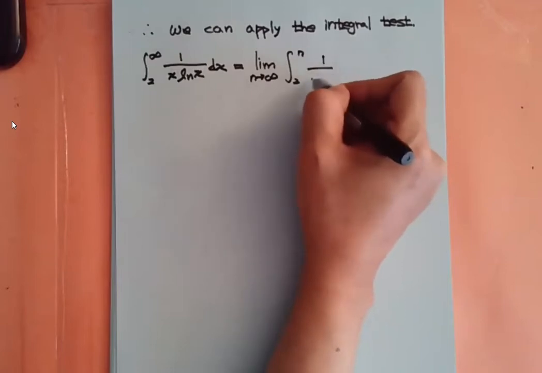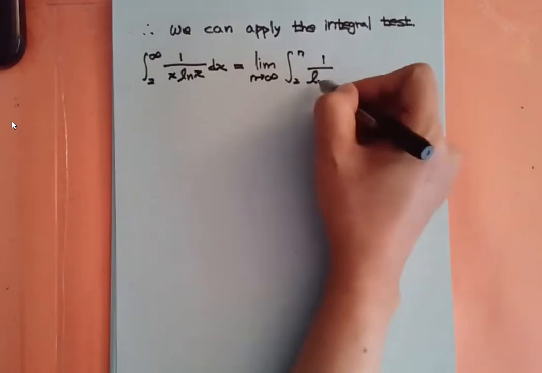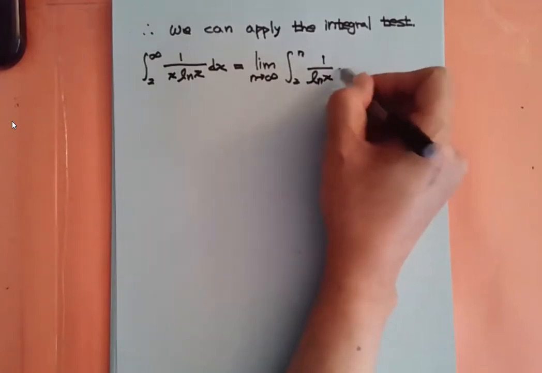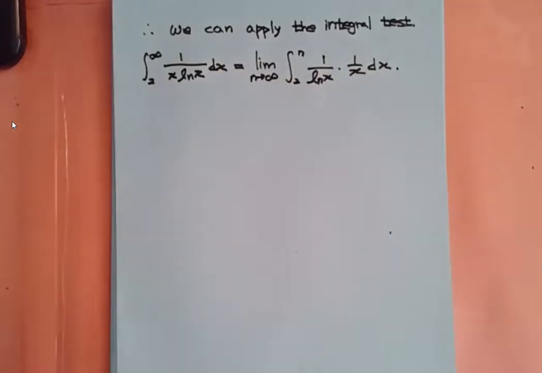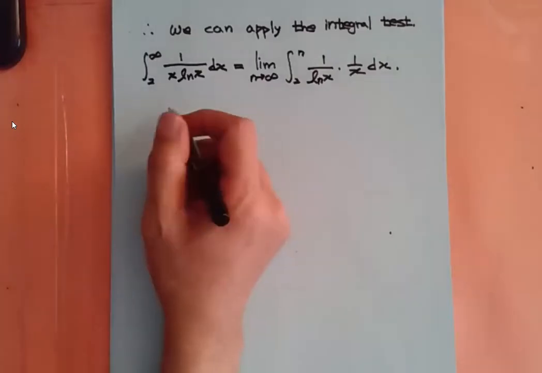Let's write it down like 1 over natural log of x times 1 over x dx. So we will end up doing integration. What we noticed was that the derivative of natural log of x is 1 over x. And so probably we can apply substitution.